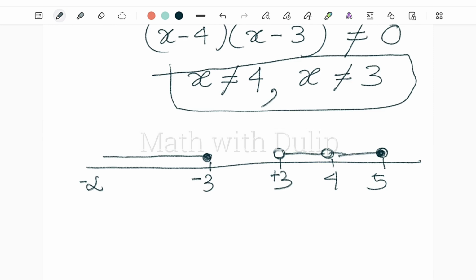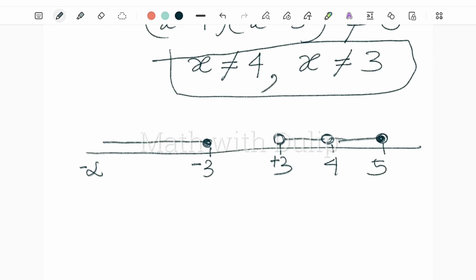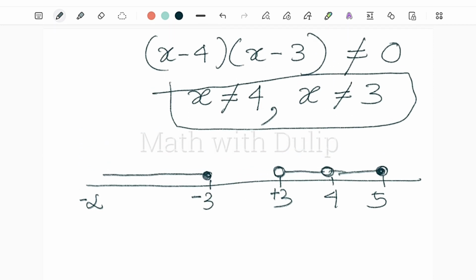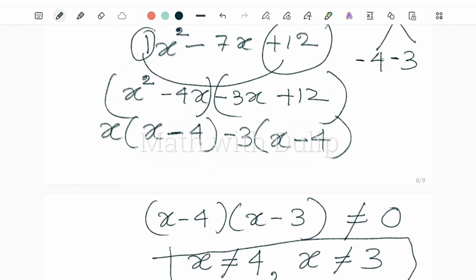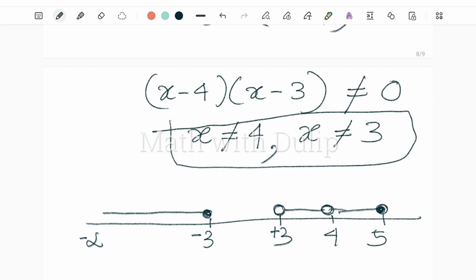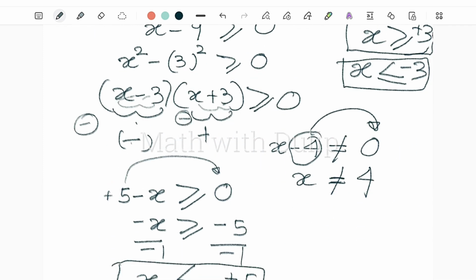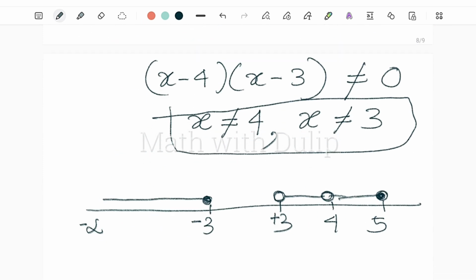So here I can draw this like this. We have values from negative infinity till negative 3, and in between positive 3 and positive 4, but excluding those two values 3 and 4, and any values up to positive 5 including 5.